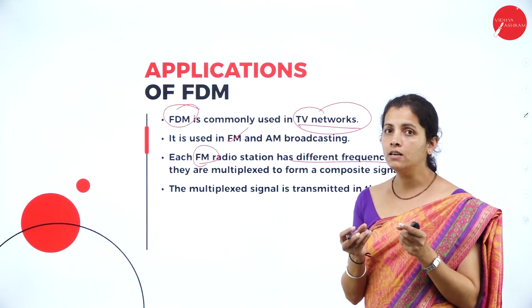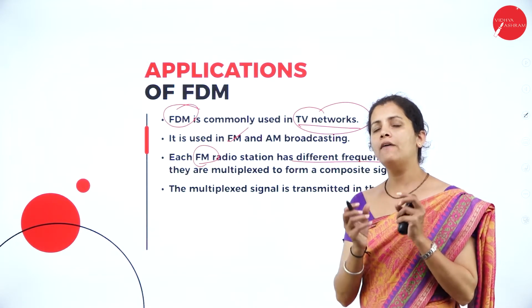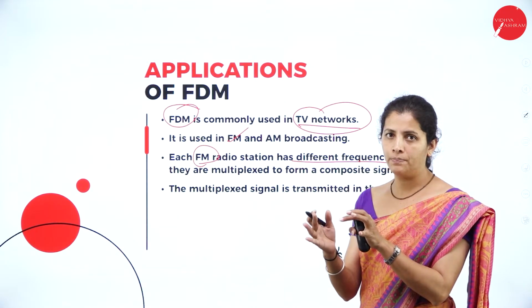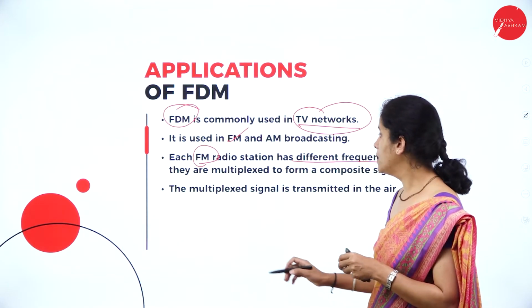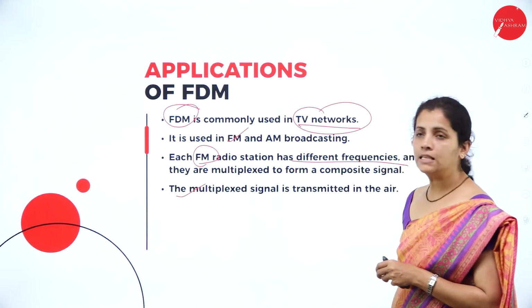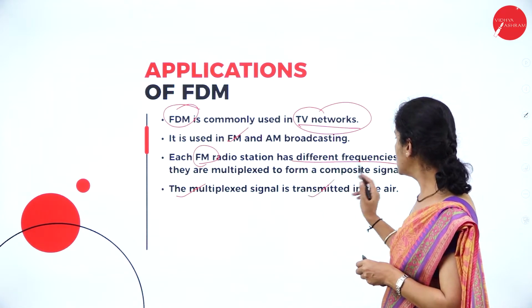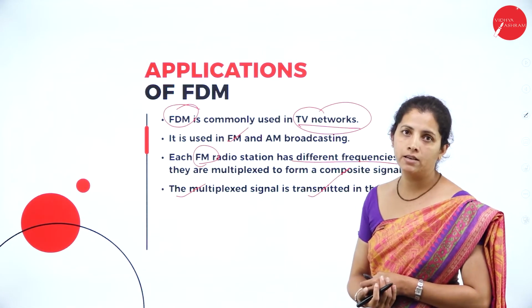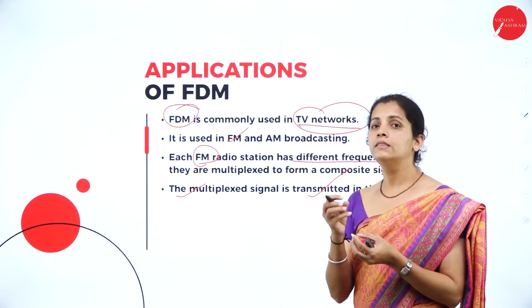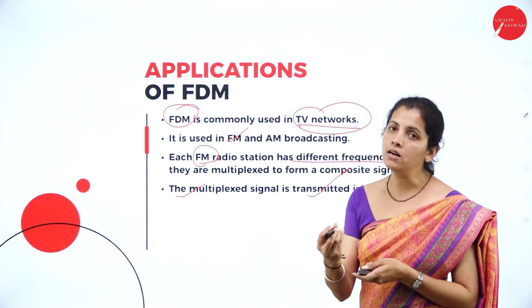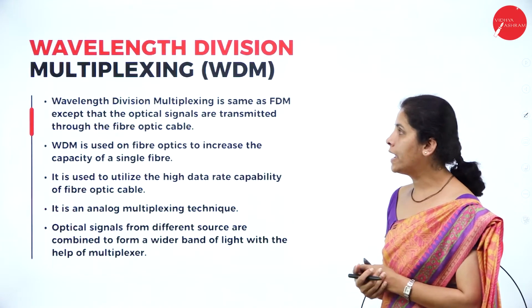If I consider radio stations, I'm going to have different frequency numbers. That comes under FDM. The multiplexed signal is transmitted in the air. So whatever multiplexed signal I have is transmitted via free space or air.